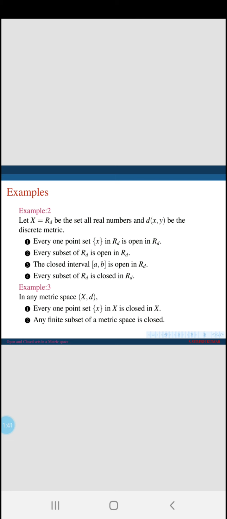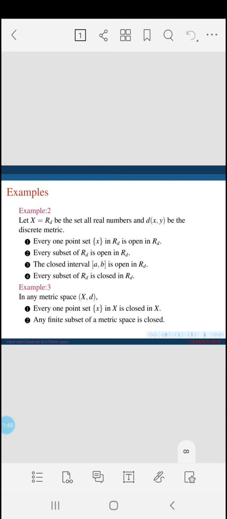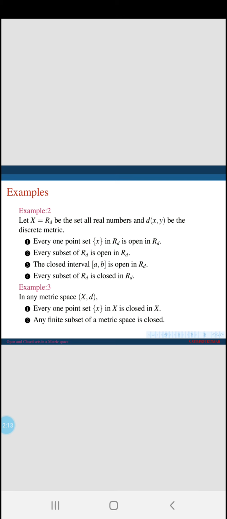Therefore, every subset of R with the discrete metric is open in R. Suppose we consider the two-point set {0, 1}, which is equal to the union of two one-point sets, namely the singleton {0} and the singleton {1}. Singleton {0} and singleton {1} are open in R with the discrete metric by the above example.